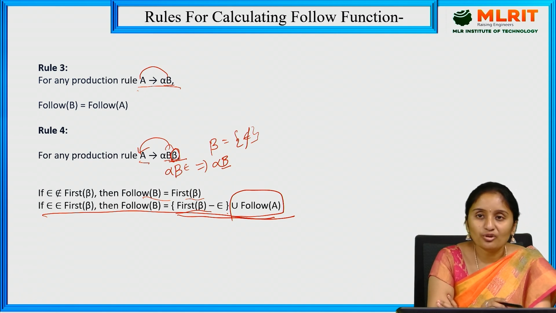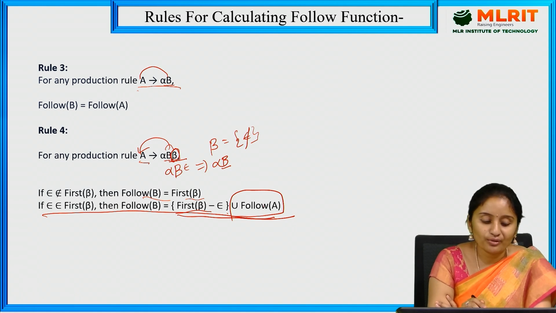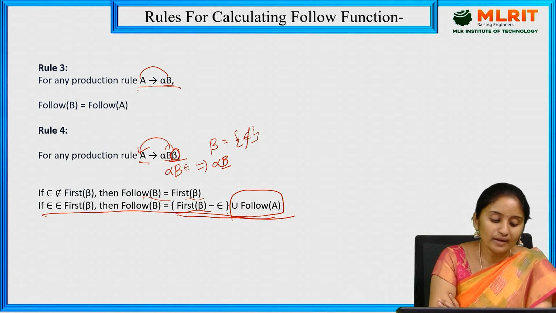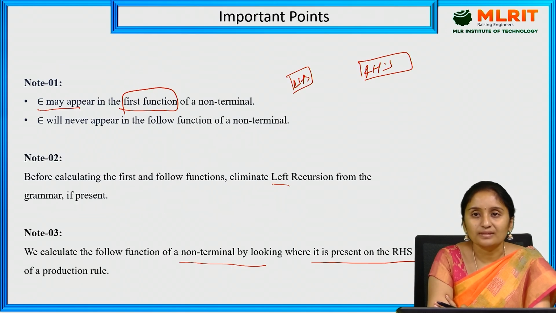If first of beta contains epsilon, we eliminate it and write the rest; if first of beta does not have epsilon, we directly write the first of beta values over here. So this is about the first and follow function, and it is used in top-down parsing, in recursive descent parsers and LL1 parsing tables. Thank you.